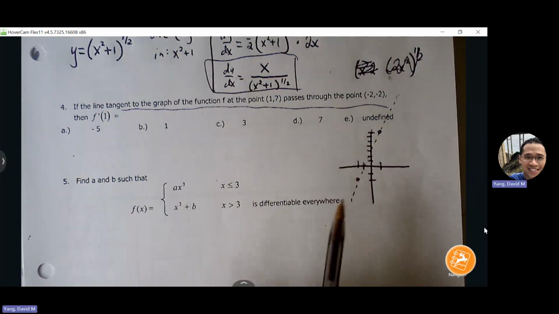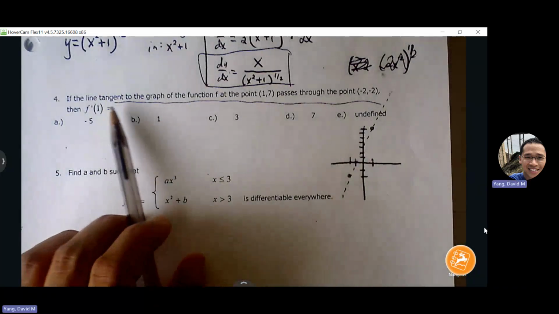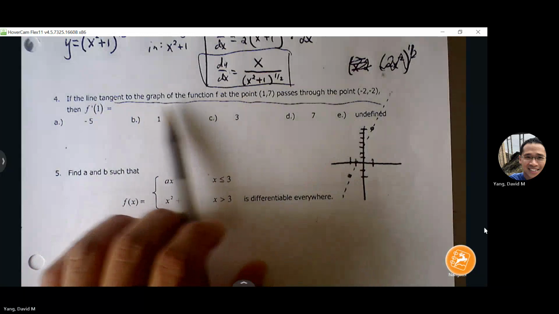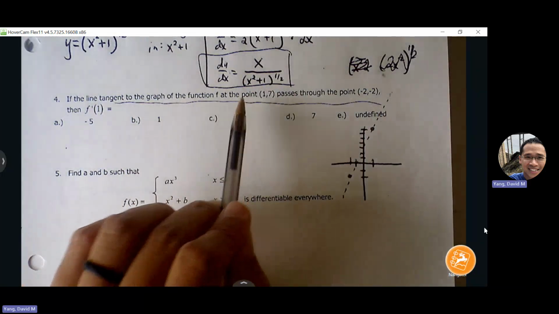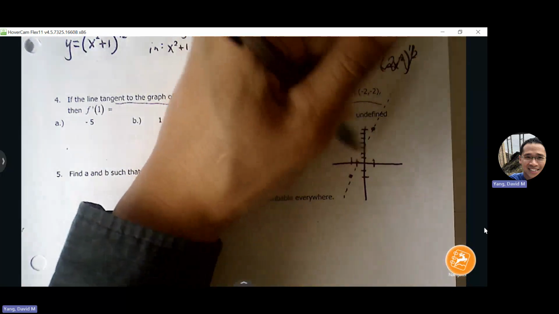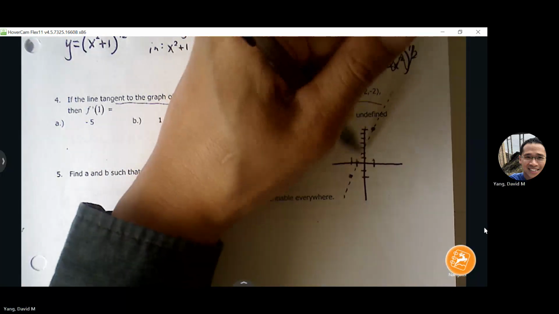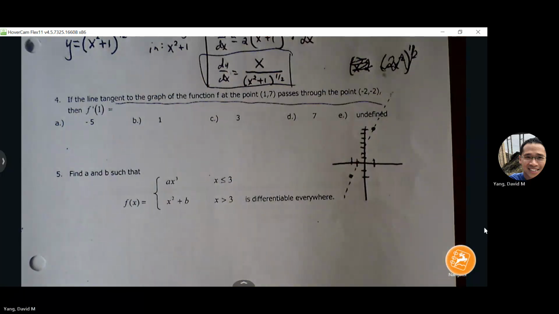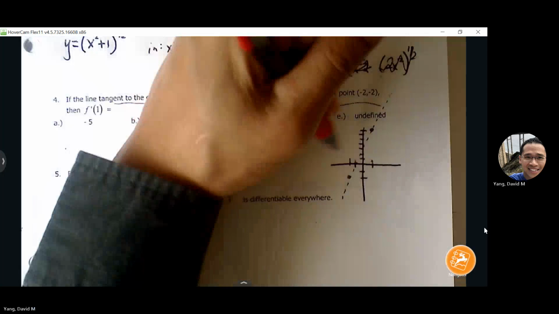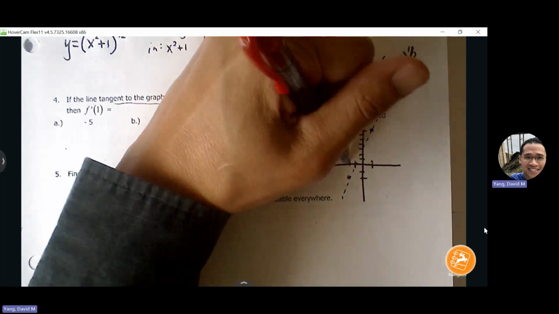First of all, we know this line is going to be tangent to the graph at the point (1, 7). We don't know what the graph looks like, but I know it's a curve, maybe something like this.